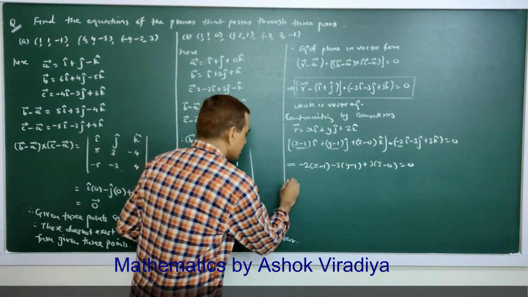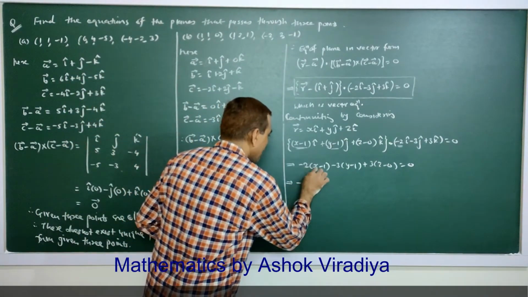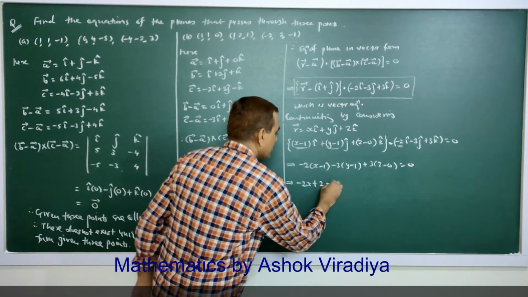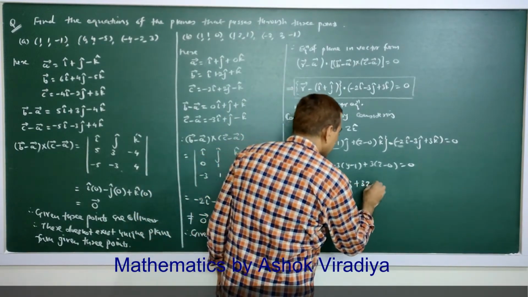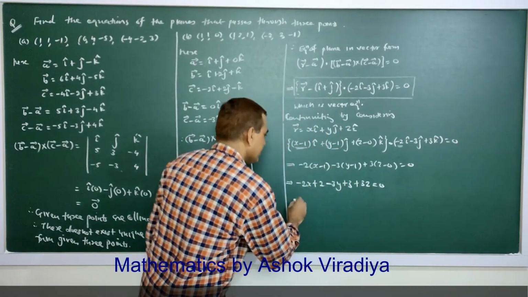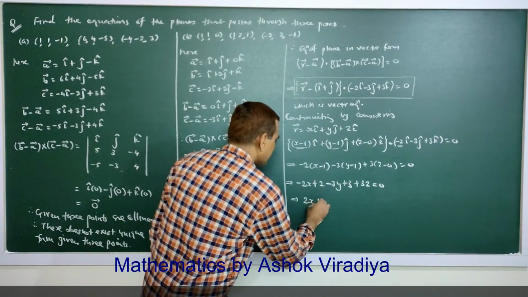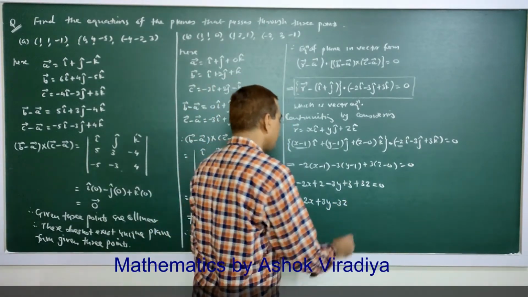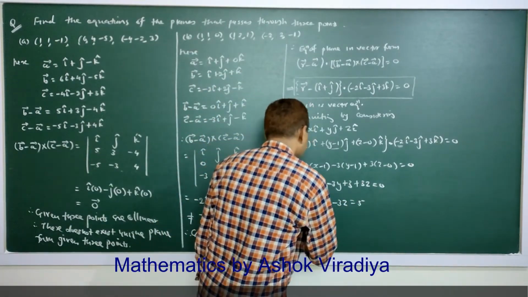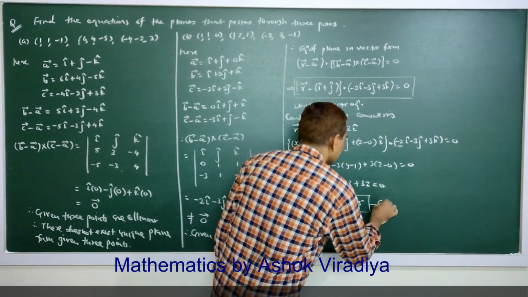That is minus 2x plus 2 minus 3y plus 3 plus 3z is 0. That is 2x plus 3y minus 3z equal to 5. So this is Cartesian equation.